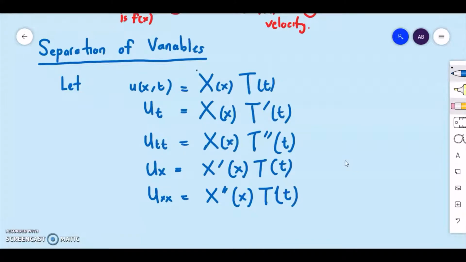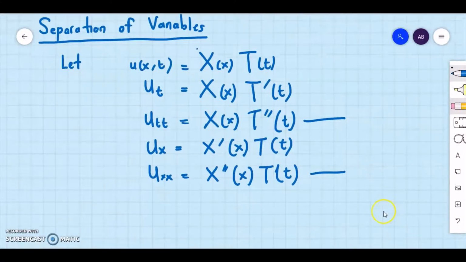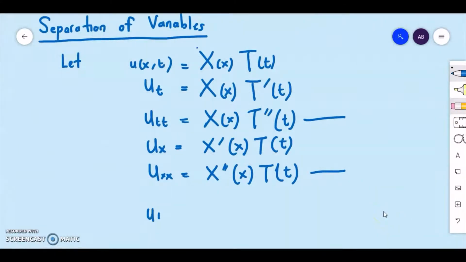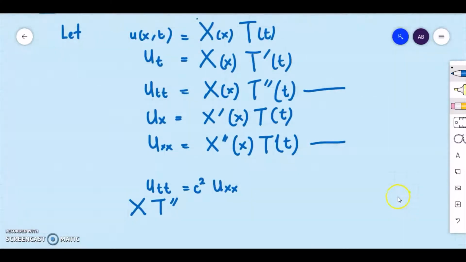Now we have an equation where I can write this in terms of the given wave equation, such that u_tt equals c squared u_xx. So u_tt is my X T double prime. We know X is a function of x alone and T is a function of t alone.